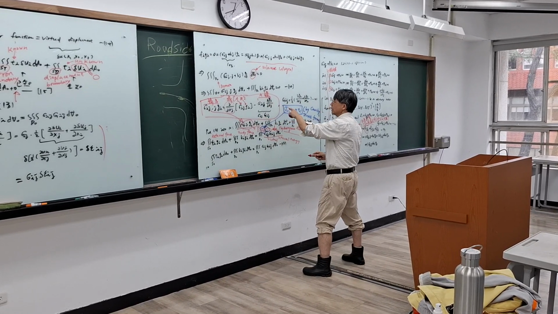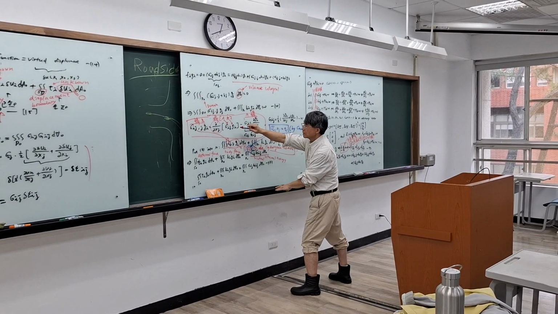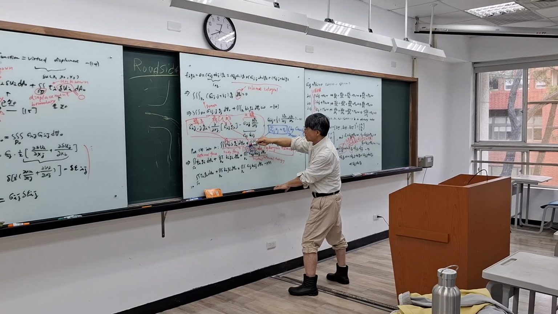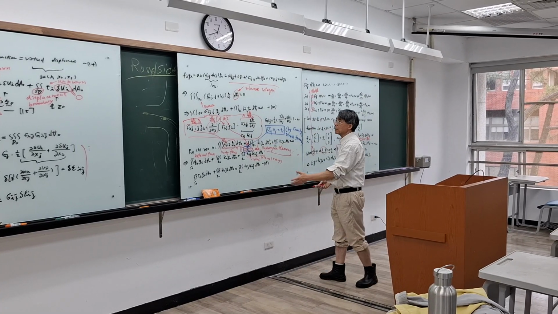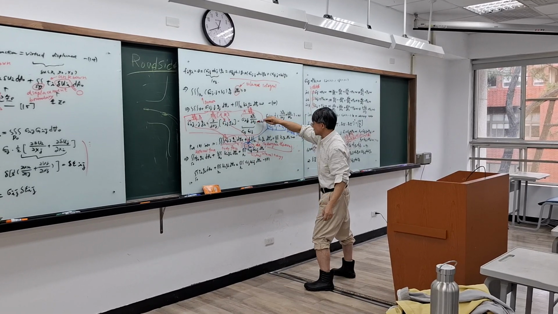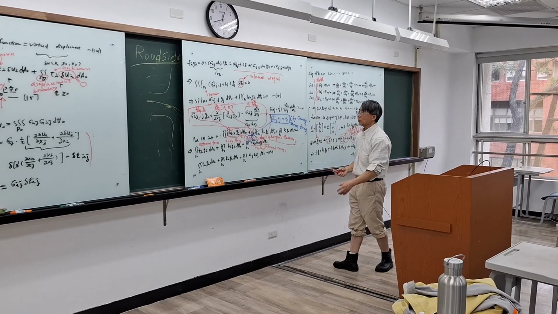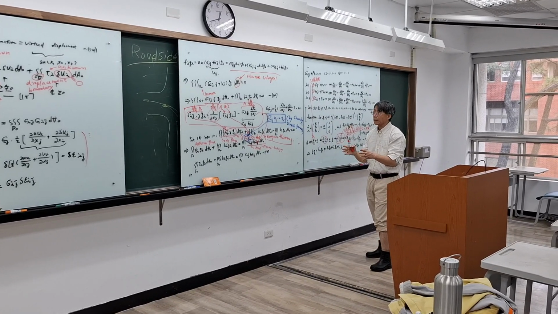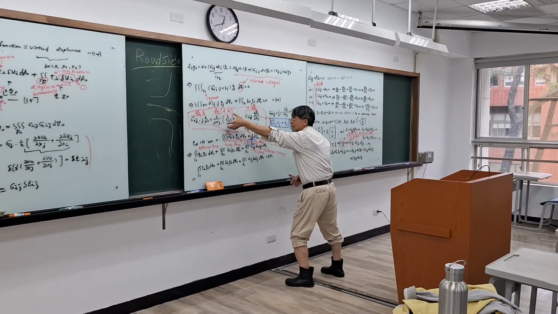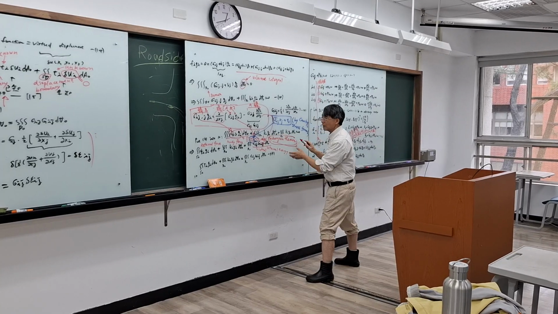Okay, and then this. Okay, we put this into this and this into this, and then this into this. Okay, so we can separate the volume integral into two parts, and especially for this part, we can apply the divergence theorem here.